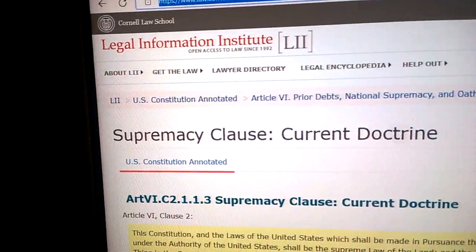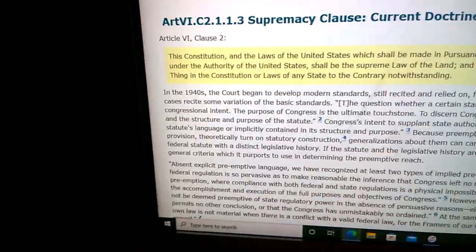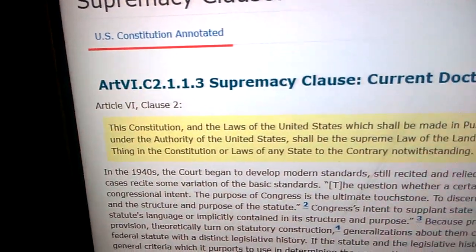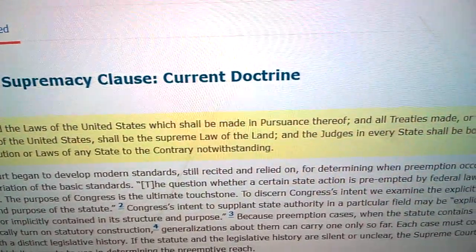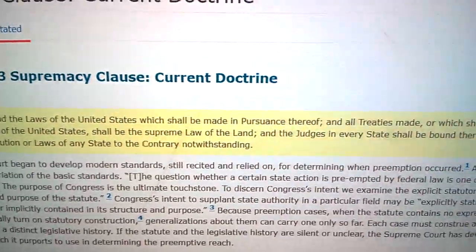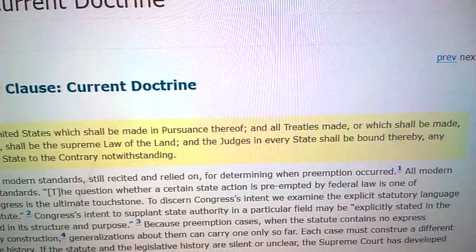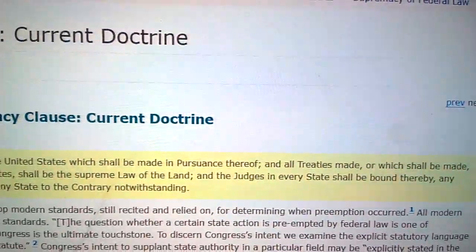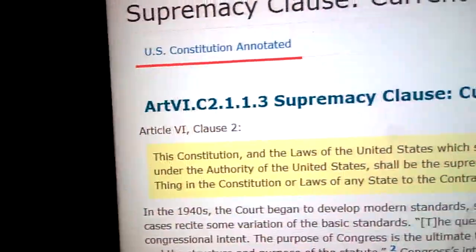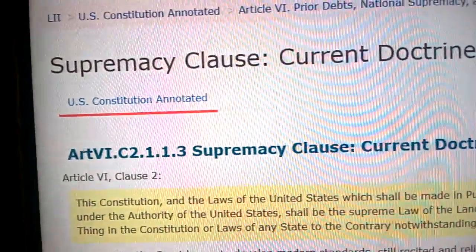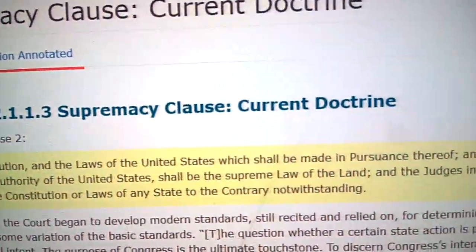Okay, now we're going to start with the Supremacy Clause current doctrine. This Constitution and the laws of the United States, which shall be made in the pursuance thereof, see, there's the legal jargon, and all treaties made, treaties are laws, okay, or which shall be made under the authority of the United States, well, that would be the United States federal laws, shall be the supreme law of the land.